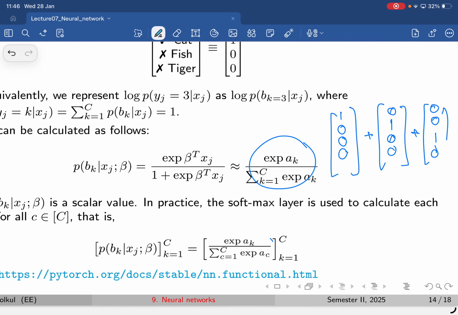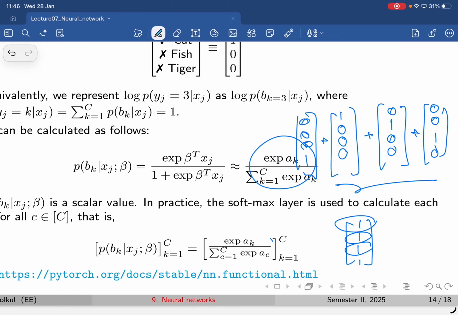If you sum them up together, it will be like a vector where each column corresponds to each label. So for each class, if you sum them up, each location of the vector will still represent that particular class.